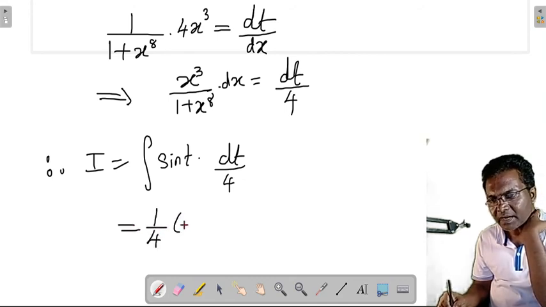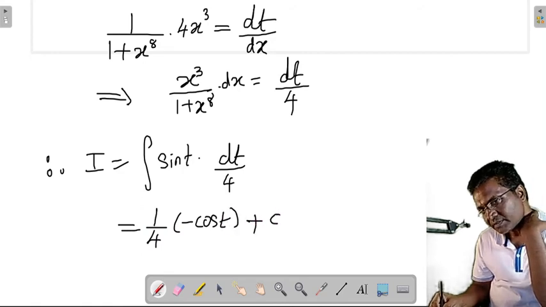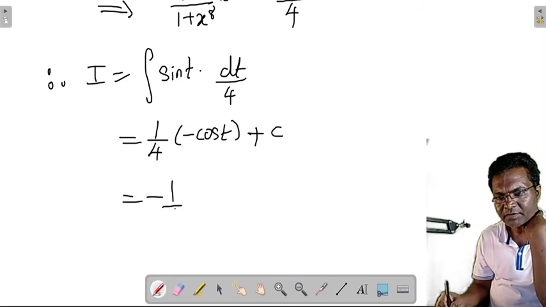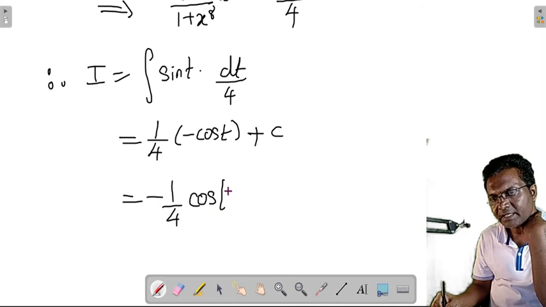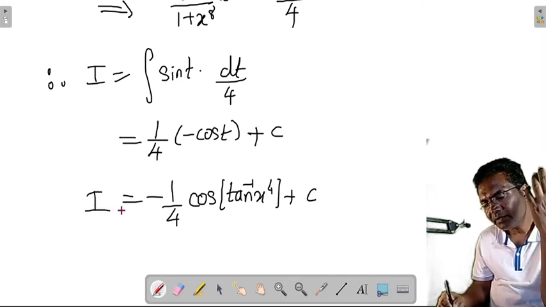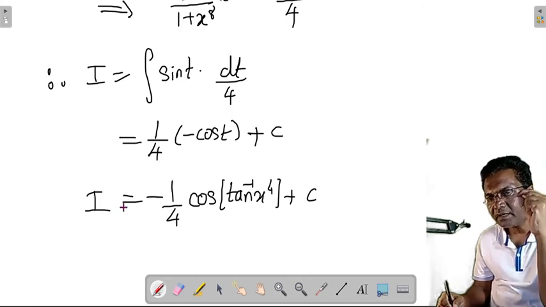The integration of sine is minus cos t plus c. It is minus 1 by 4 cos of, you have taken t as tan inverse of x power 4, plus c. Okay, it was looking very tough, but see how simple it has turned out to be.